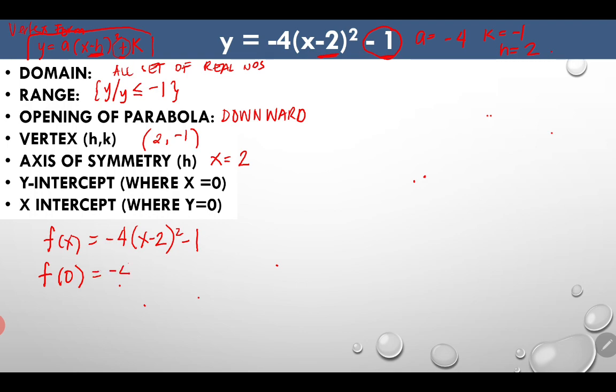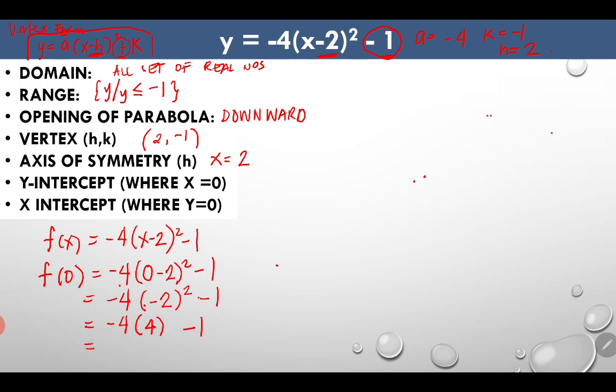So, that is negative 4 times quantity 0 minus 2 squared minus 1. So, negative 4. Unahin natin yung nasa loob ng parenthesis, 0 minus 2 squared minus 1. And then, after the parenthesis, exponent. So, negative 4. Negative 2 times negative 2 is positive 4 minus 1. And then, we multiply.